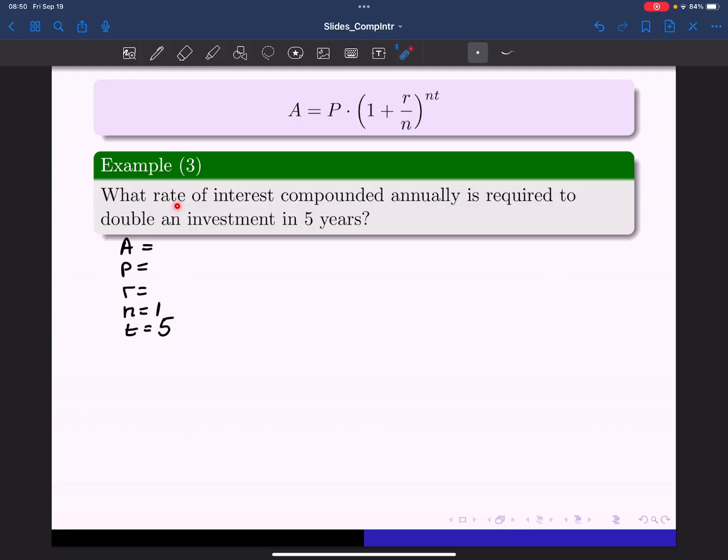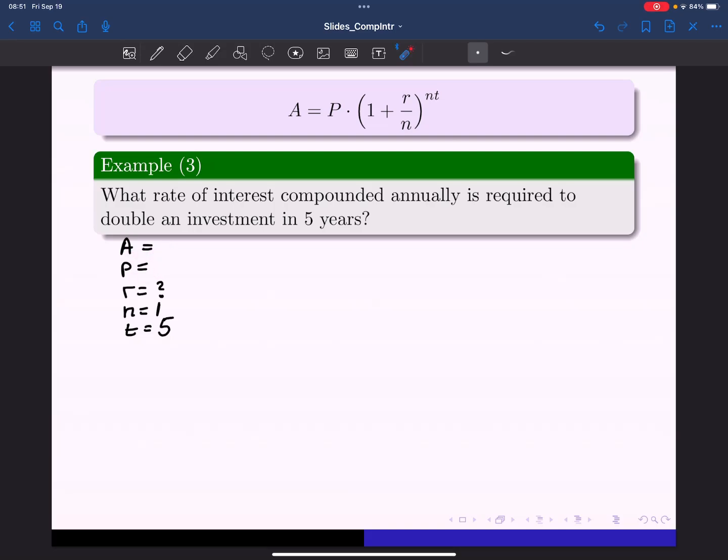Interest rate, what is the interest rate? So we need to find the interest rate. But now it says what rate of interest compounded annually is required to double an investment. So that means I can choose for P any value I want, and then for A I would double that investment.